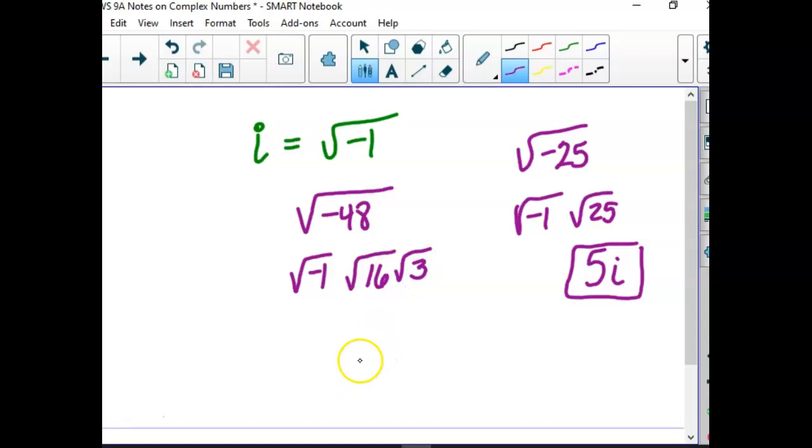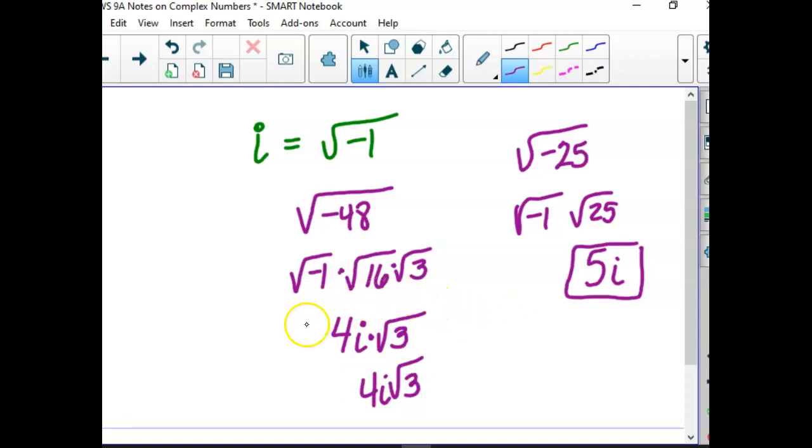Anybody know what that would look like when we finish simplifying? Nice. Square root of 16 is 4. The square root of -1 is i, and somehow they always write that like a variable after the constant. And then this guy's got to stay in his little crazy jail, the square root of 3. So you would just write 4i square root of 3.